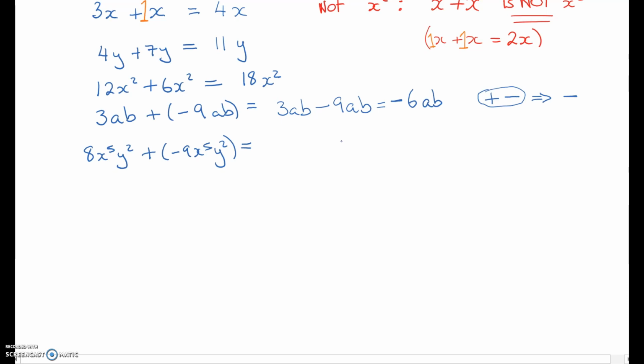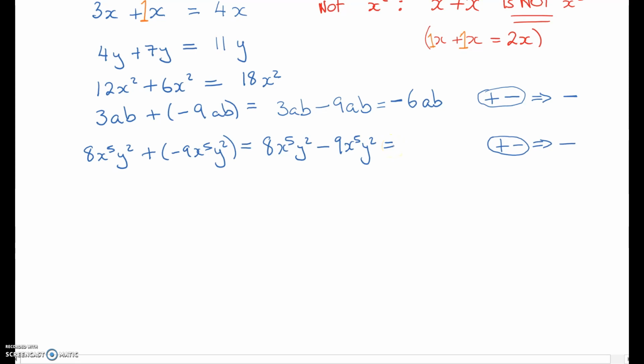So we know that much. But before we get there, we have a plus and a minus coming together, so it's the same as this. Remember, that's going to give us a minus. It's going to be 8x to the power of 5 y squared minus 9x to the power of 5 y squared.